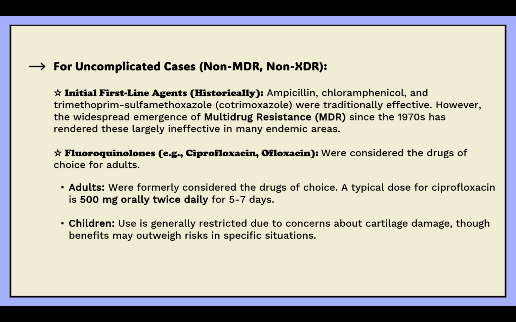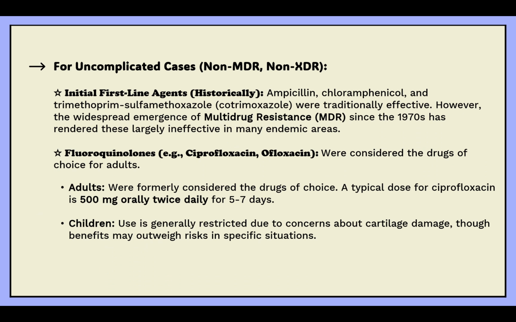For uncomplicated cases, non-MDR and non-XDR, historically ampicillin, chloramphenicol, and trimethoprim-sulfamethoxazole, also known as cotrimoxazole, were effective. However, the widespread emergence of multi-drug resistance since the 1970s has rendered these largely ineffective in many endemic areas.